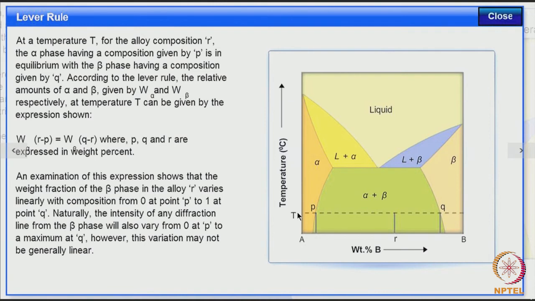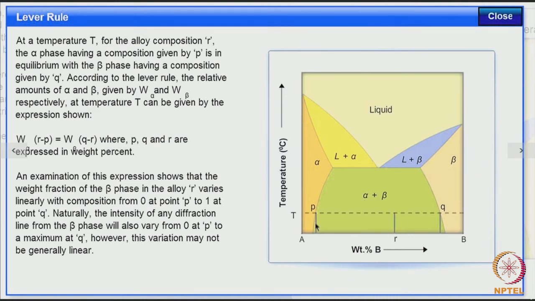Now, if we take any temperature here, and if the temperature line cuts this two-phase region at P and at Q, say if we are dealing with an alloy of composition R, then alpha and beta, these two phases will be in equilibrium in this region, and at this temperature the composition of alpha will be given by this point.